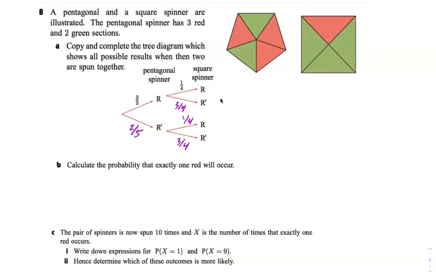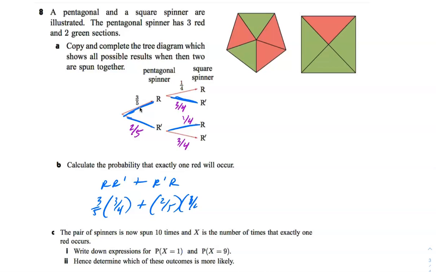So there you go. Calculate the probability that exactly 1 red will occur. So I just want 1 red. That's going to be red and not red plus not red and red. So red and not red would be this. Not red and red would be this.